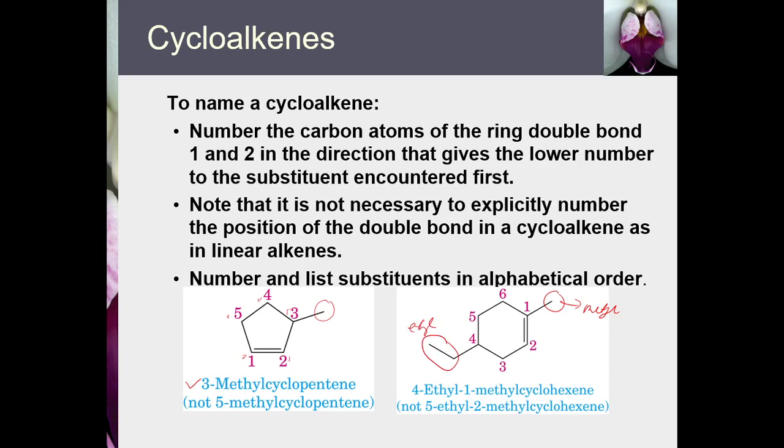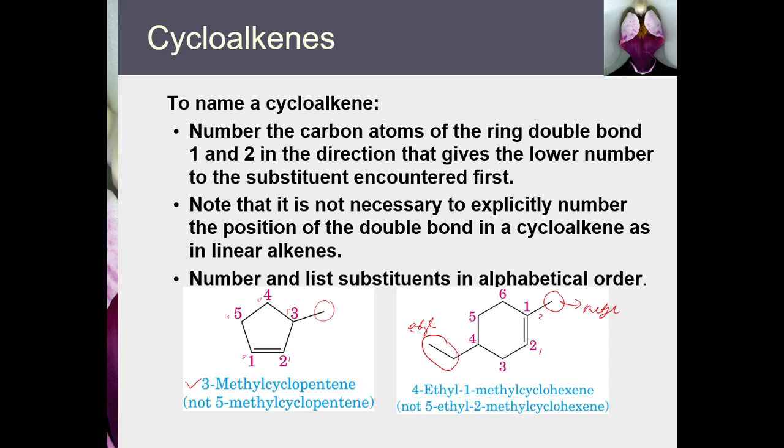So, yung ethyl natin. Ngayon, if we follow here, the direction is clockwise. So, may methyl group ka at 1. Then, at carbon position number 4, meron kang ethyl. But if you start here, kunwari lang, this is 1, 2. So, 2 methyl.